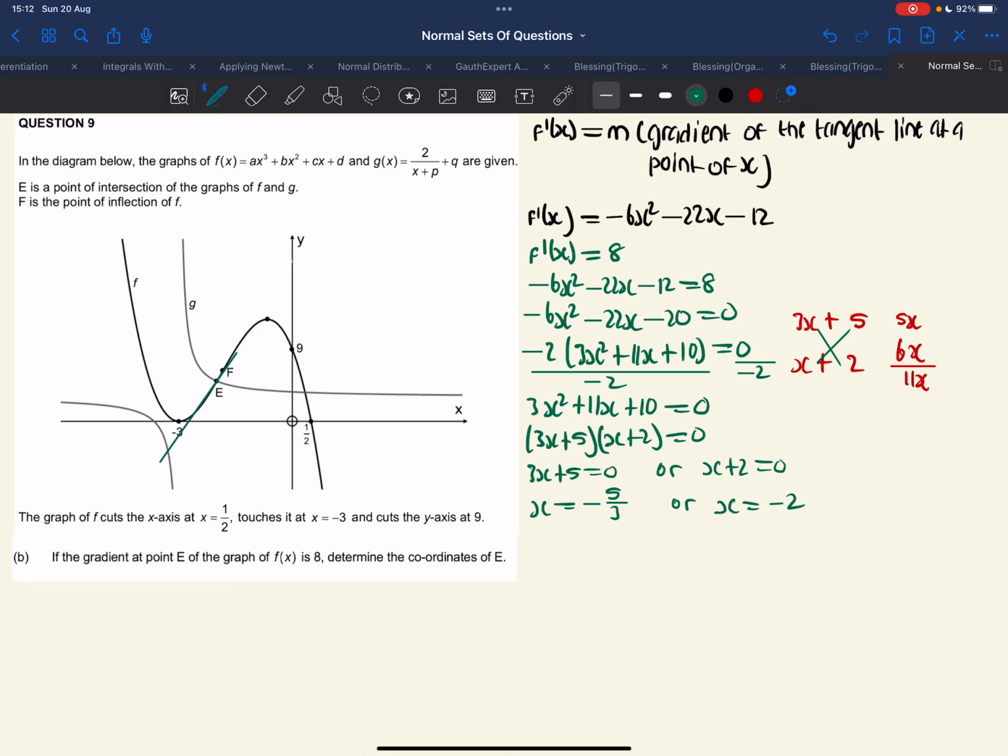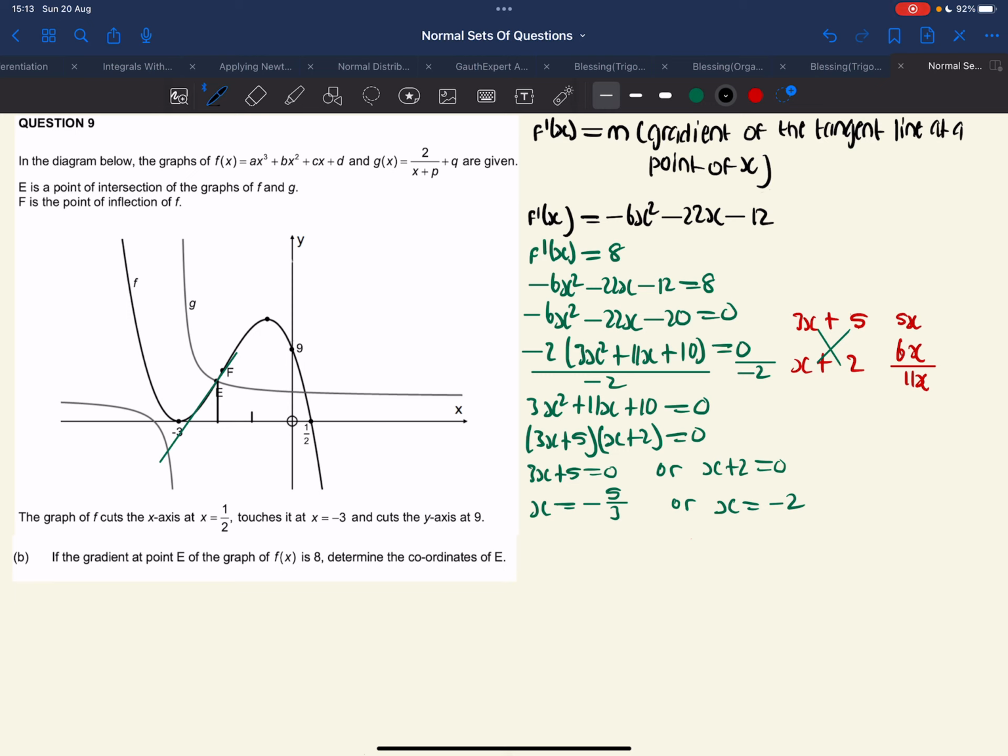Minus 5 over 3 is probably going to be somewhere here, and minus 2 is probably here.